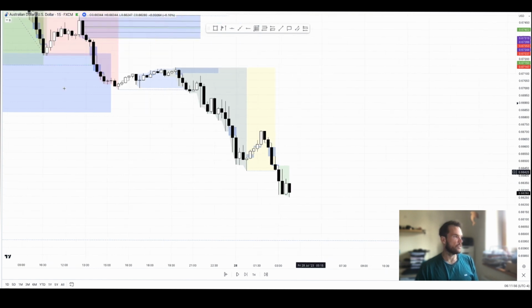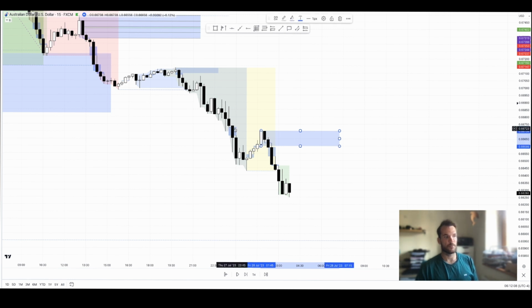I guess realistically, that should be it. I'm yet to notice that the imbalances above or below have huge impact like they do on Euro, so I'm going to assess that situation.